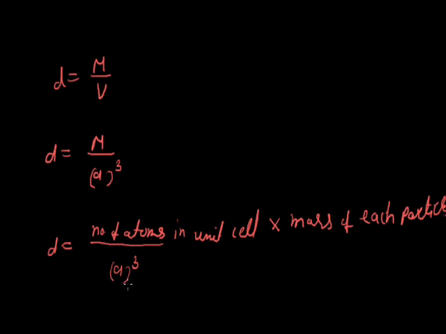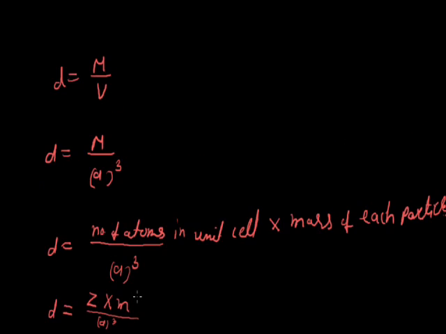Now by using this formula, we can easily decide the number of atoms in the unit cell, that is represented by Z. As we know, number of atoms Z times the mass of each atom, small m, upon a cube. Now the problem is how we can decide the mass of this.